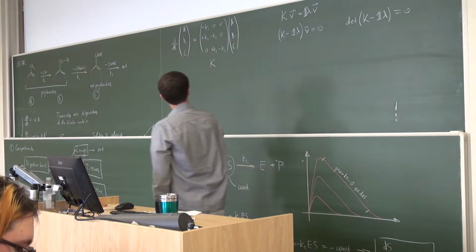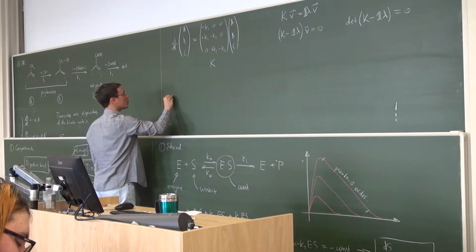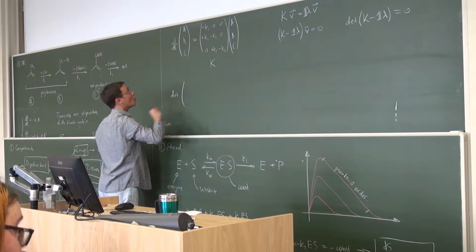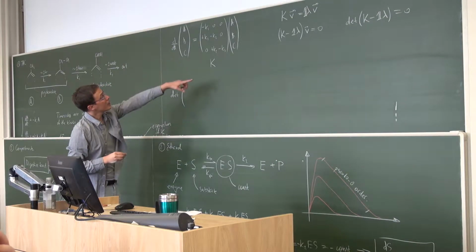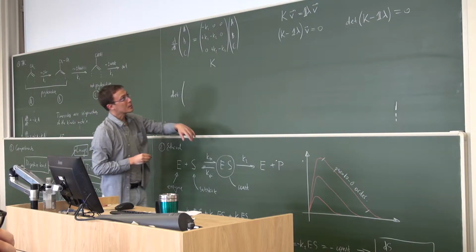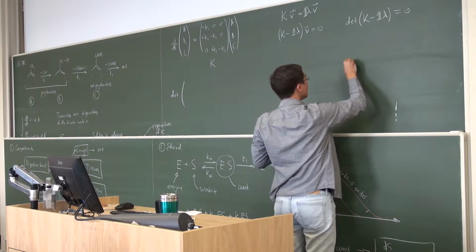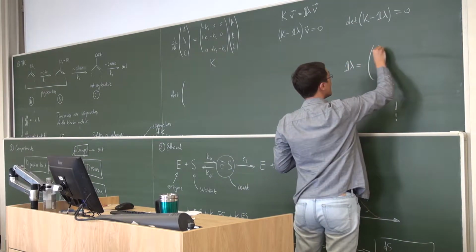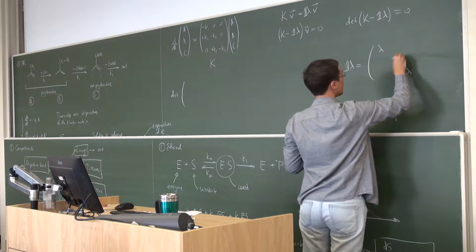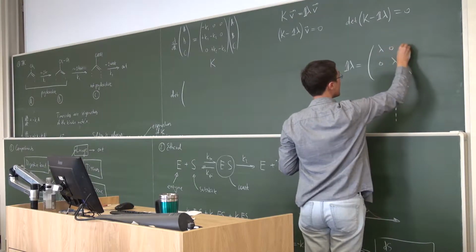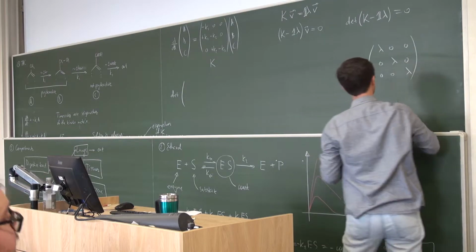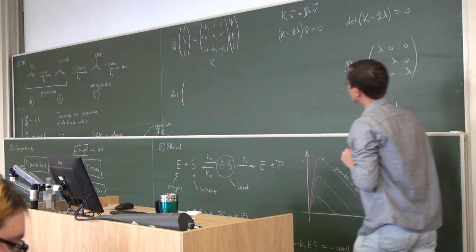We write that determinant, so that of that matrix there minus this, and lambda 1 is just lambda, lambda, lambda, and the rest of the elements are 0. So the unit matrix multiplied by lambda.